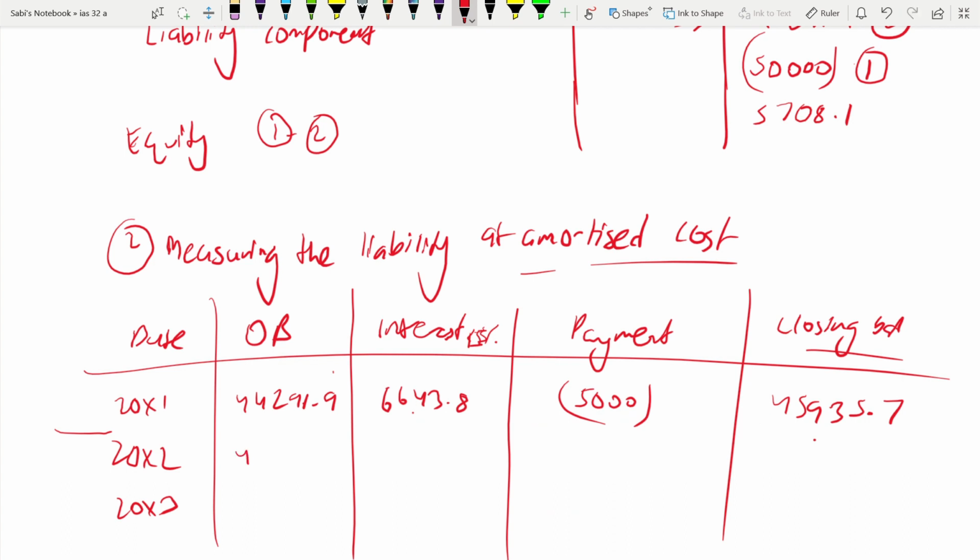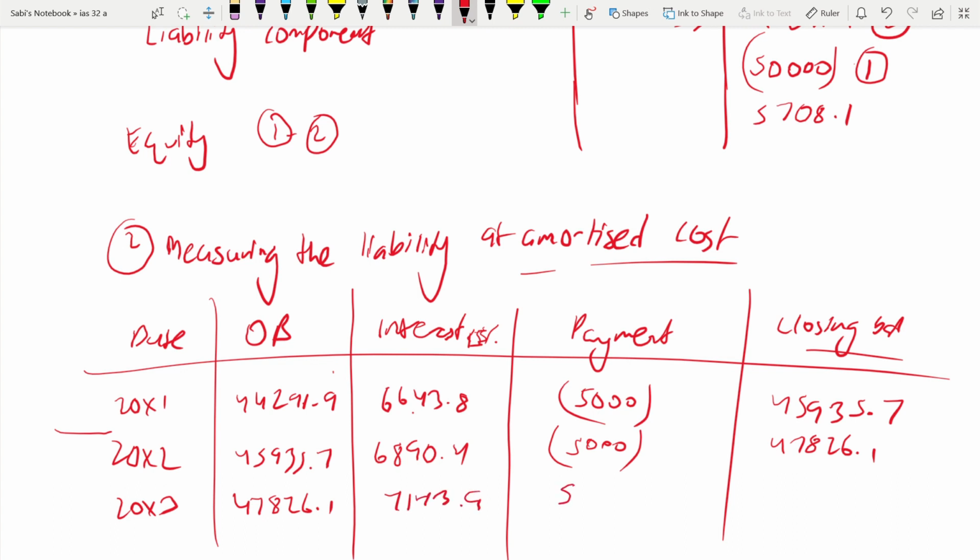So now 45,935.7. I will show you a magic here. On this, take 15%. It will be 6890.4. Again 5,000. It will be 47826.1. Take that here. 47826.1. 15% on that will be 7173.9.